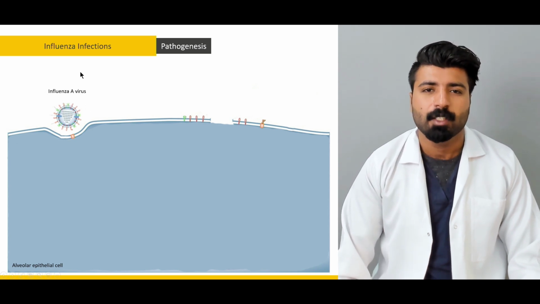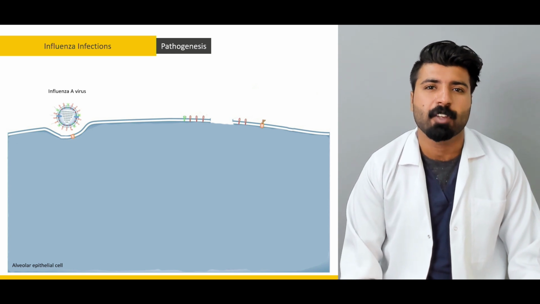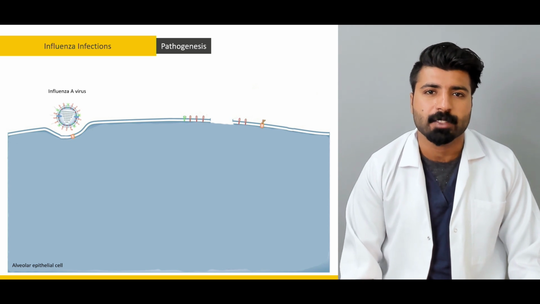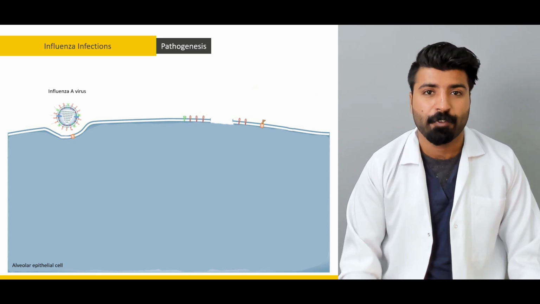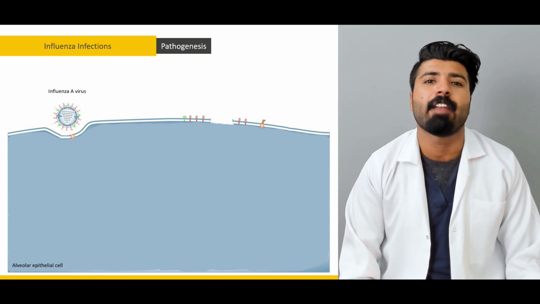There are 17 hemagglutinin subtypes, known up till now from research, and 9 subtypes of neuraminidase. So if it's hemagglutinin 1 and neuraminidase 1, it's called H1N1.